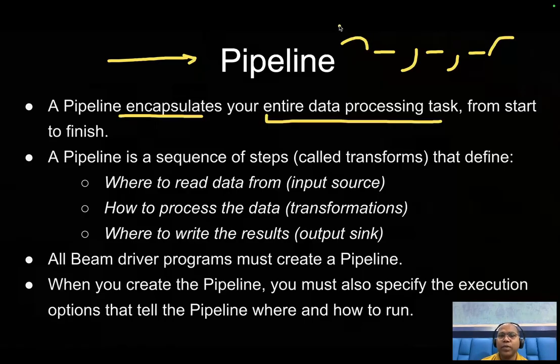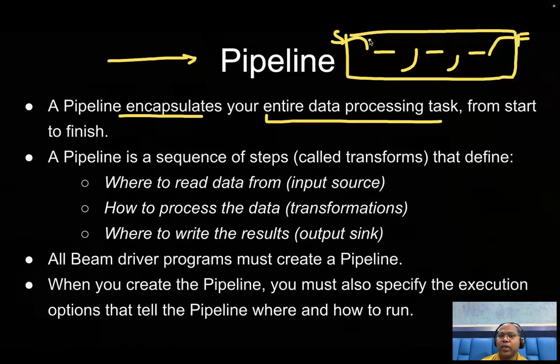So from starting point till finish, you have to build your pipeline. For each activity, you are defining a different set of functions. So this set of functions combined in Apache Beam is known as a pipeline. So pipeline is an entire data processing task.